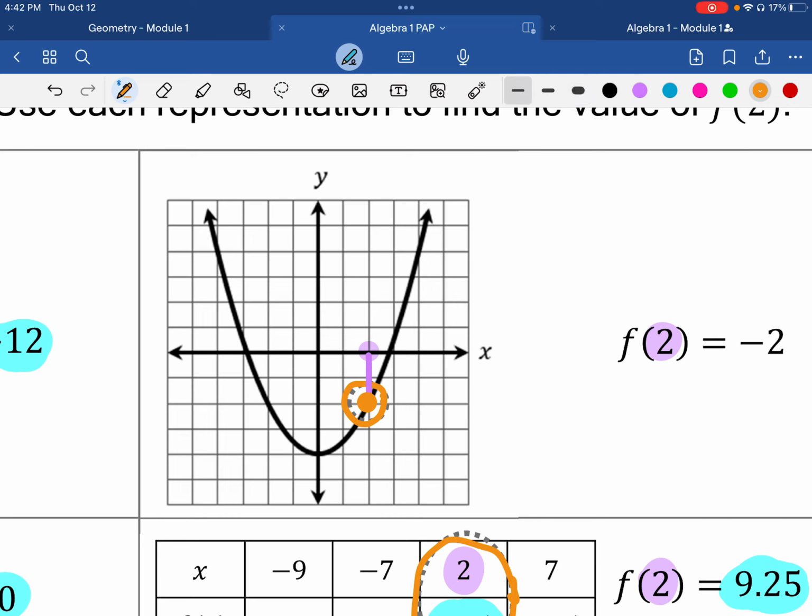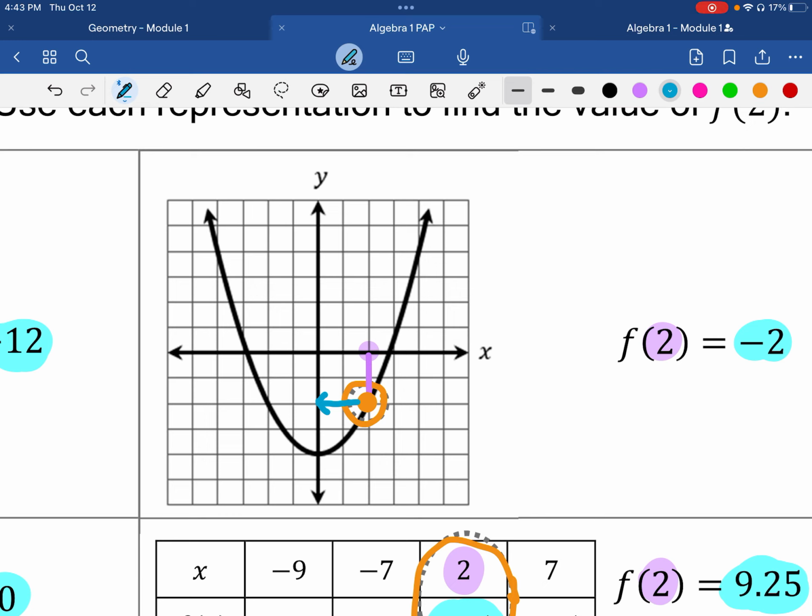Now the answer to my question is, of course, y. And I need to find my answer here on the y-axis. To get to the y-axis from this point, I need to move to the left or to the right. In one of these directions, I would find the y-axis. In this case, I'm going to move to the left.